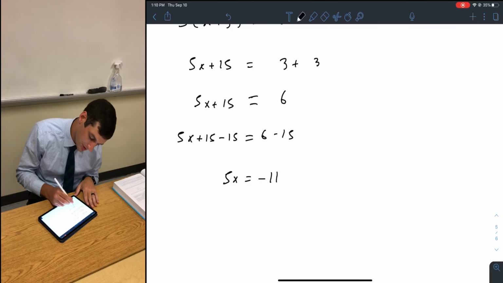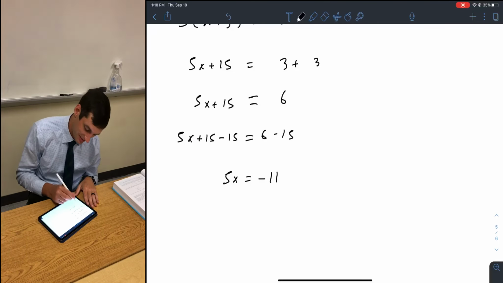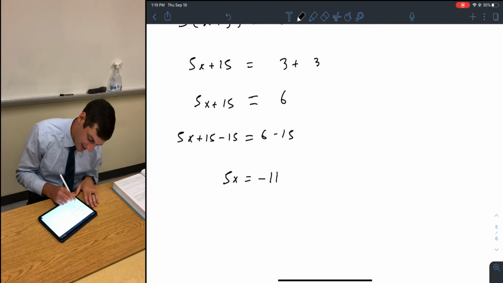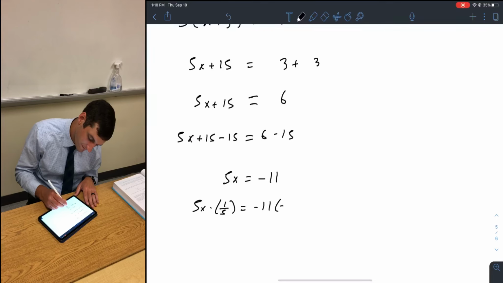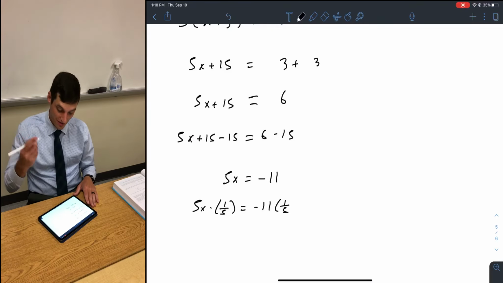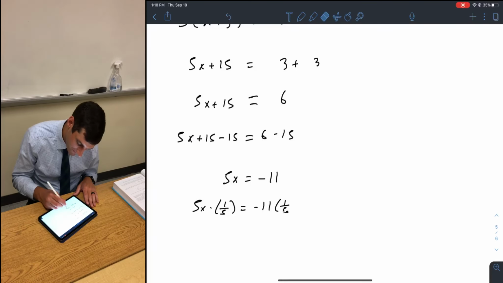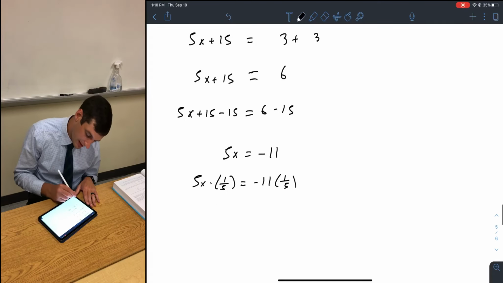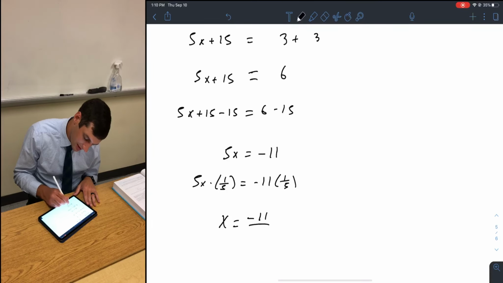Now we're going to multiply each side by 1/5, or in other words, divide by 5. And I get x is equal to negative 11 over 5.